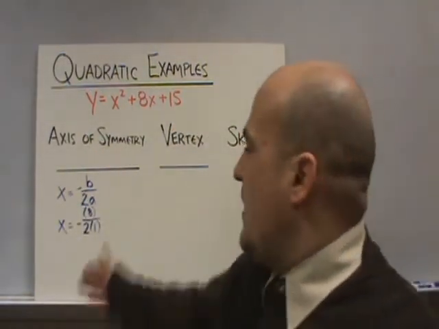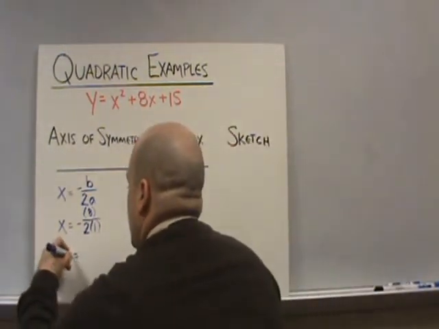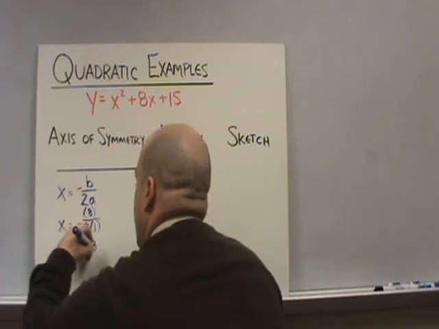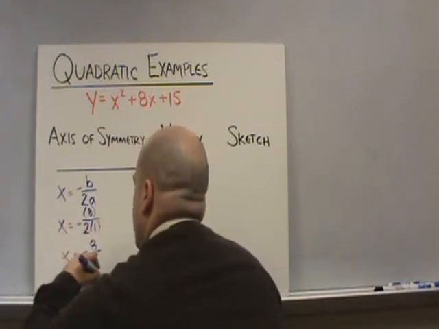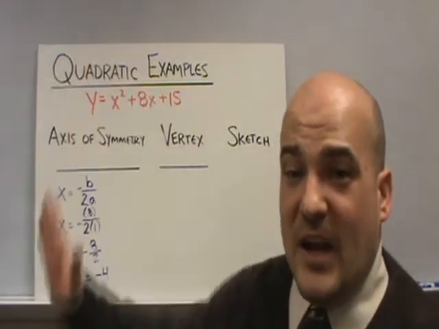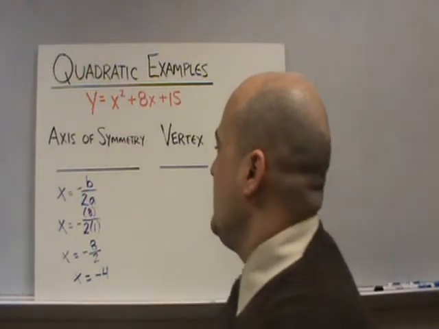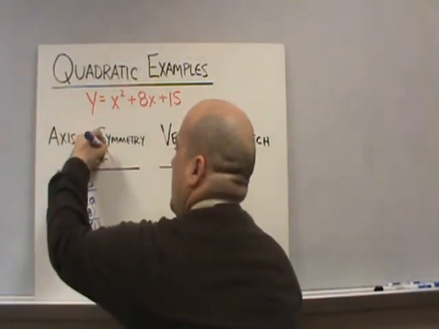Simplifying, we get x equals negative 8 over 2, or x equals negative 4. That's the equation for the vertical line that goes through the center of our parabola. So up here I'm going to write x equals negative 4.